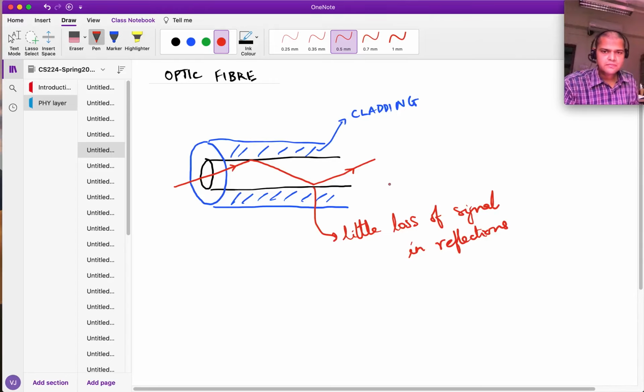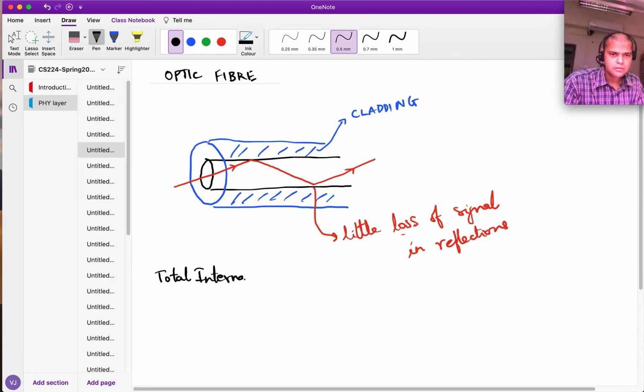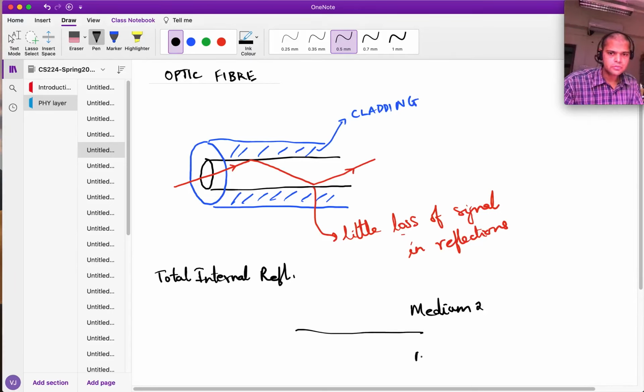And when do we have this very low loss? So again, this is something you would have studied for JEE and in your 12th standard, when you have total internal reflection. Okay, so you have two materials. So medium 2, medium 1.